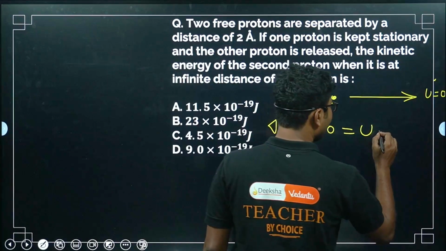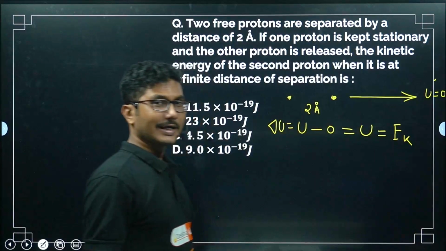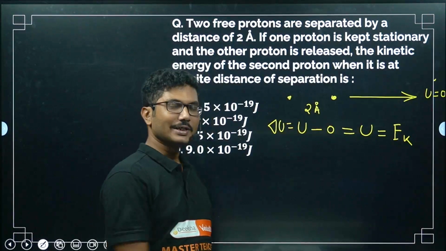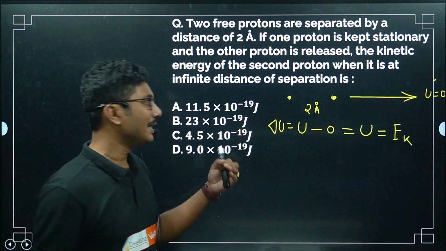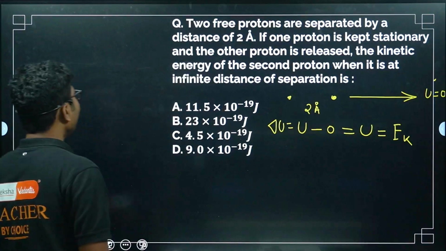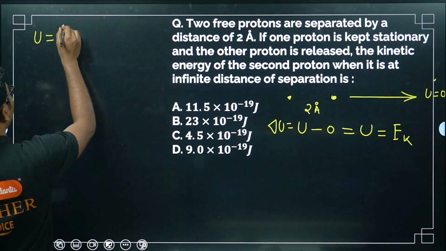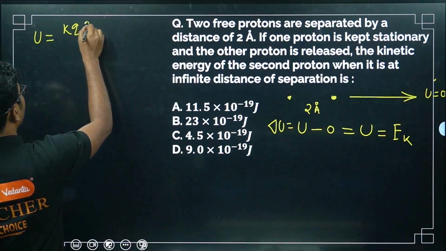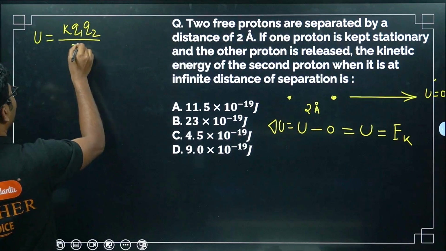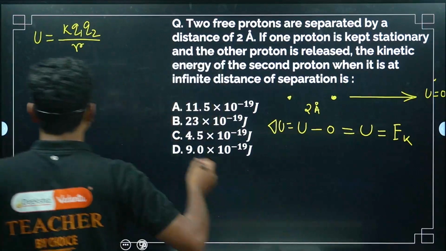So this is actually the kinetic energy. Kinetic energy is nothing but the potential energy of the system at the beginning, because final potential energy is 0, right? So same equation, potential energy is K Q1 Q2 by R. Here they are both positive, so we don't need to worry too much.